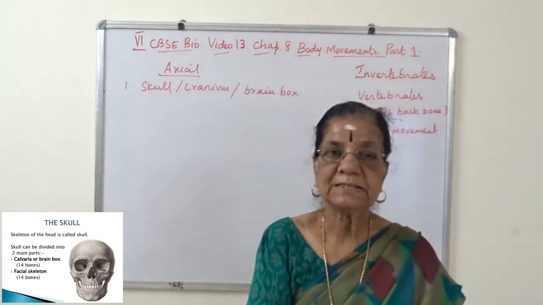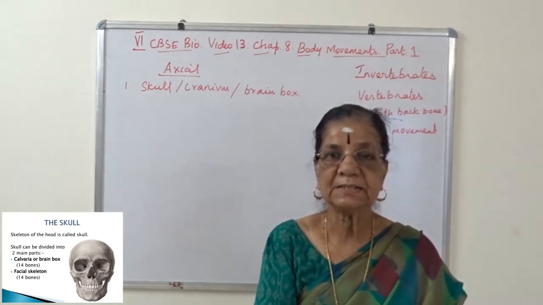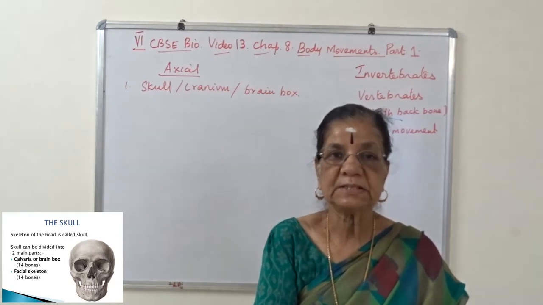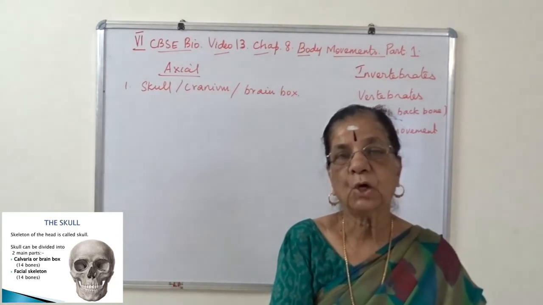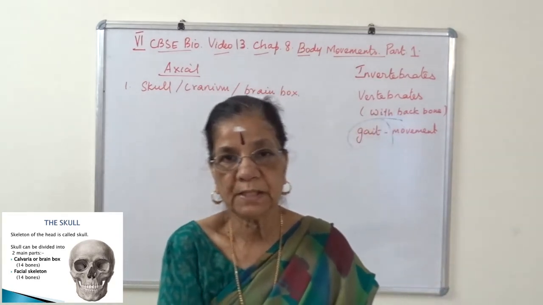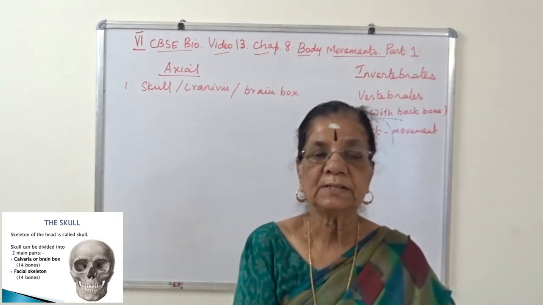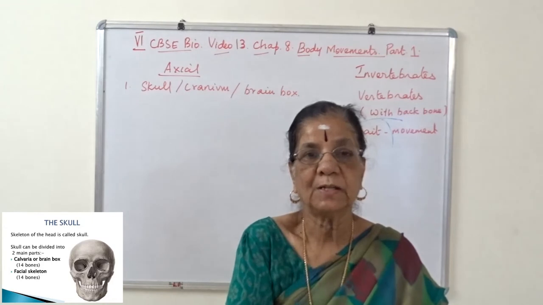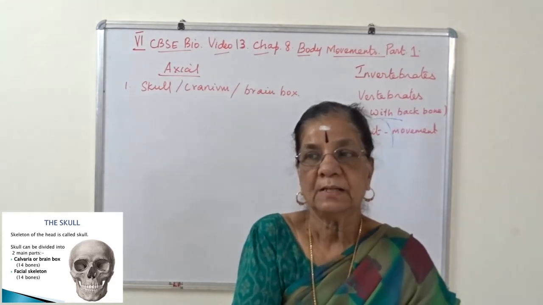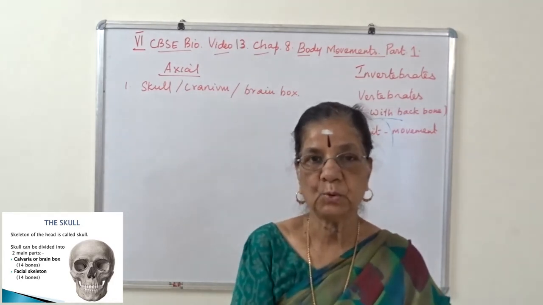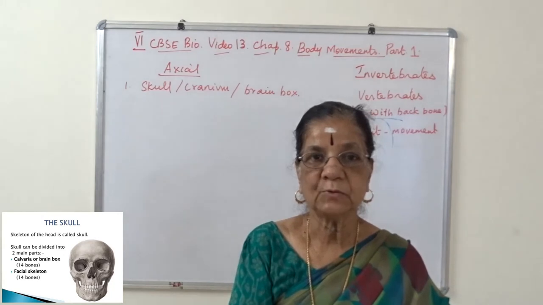This axial skeleton has 3 subdivisions: skull or cranium or brain box, second ribcage, and third the vertebral column. Vertebral column is also known as backbone.